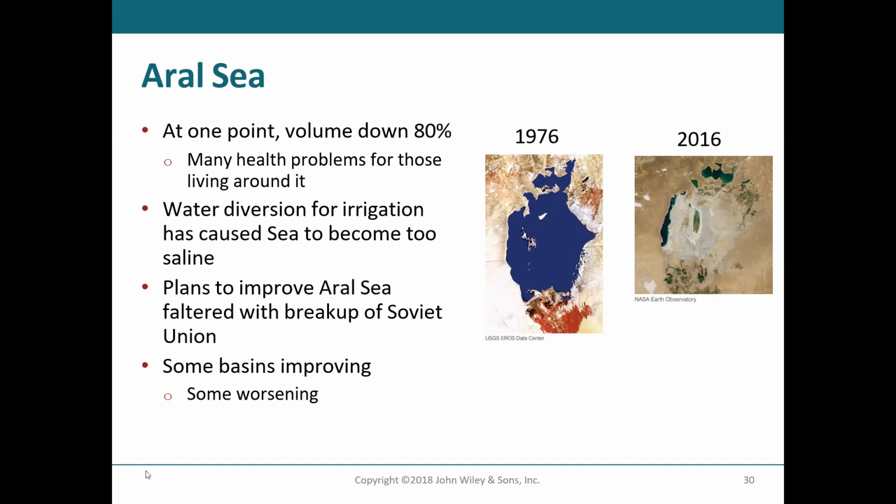Because of this, once the world's 4th largest freshwater lake, the Aral Sea had declined by more than 50% by 2000. And at one point, its total volume was down as much as 80%. A lot of its biological diversity has disappeared. All 24 fish species found here are gone.